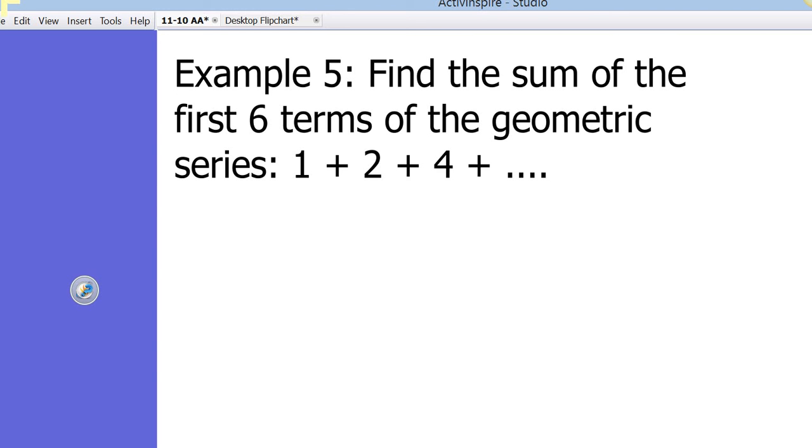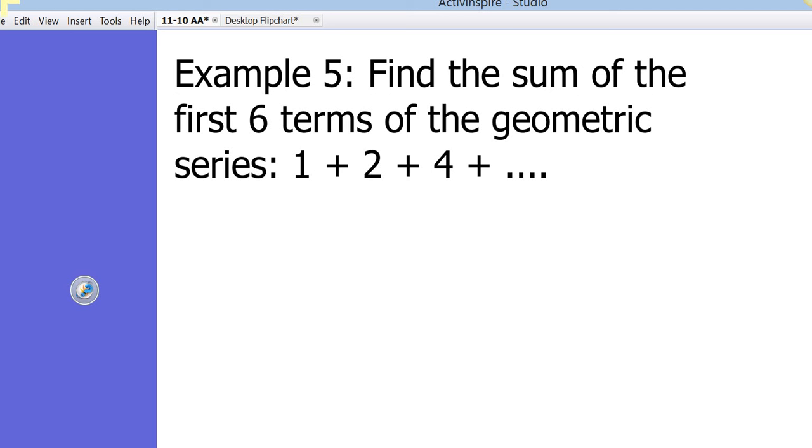We're finding S of 6. Wait, let's write the formula first. My bad. S of n. The summation. What does sum mean? Add, right? So what's the first term in this series? 1. So a sub 1 is 1. And in my big old fraction, I do 1 minus what? Oh, my bad. 1 minus 2. Why is it 2, Orion? That's the ratio.